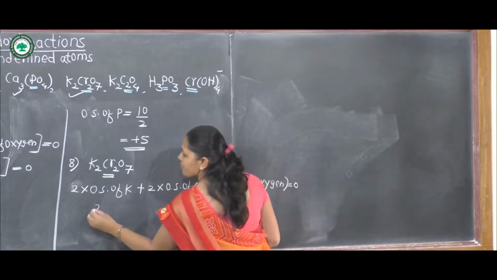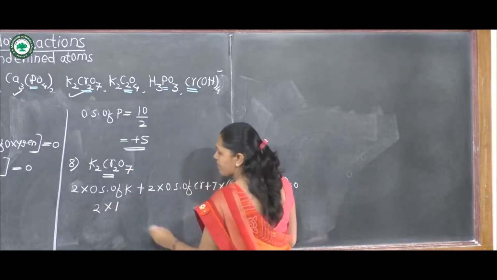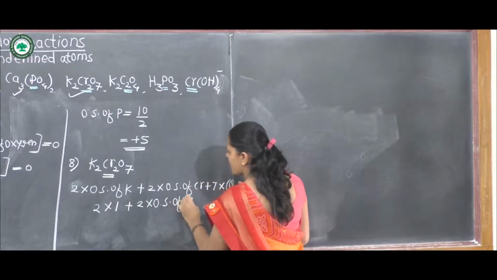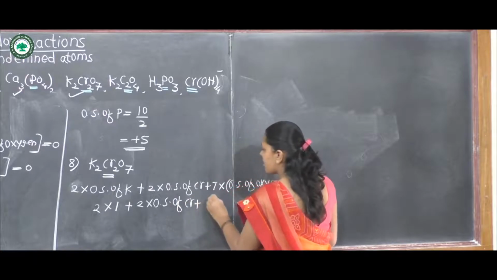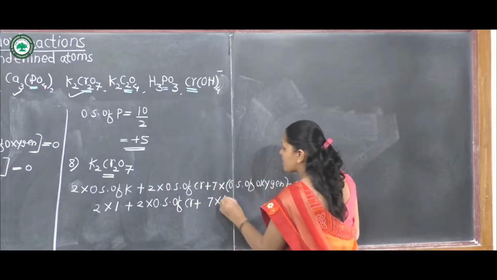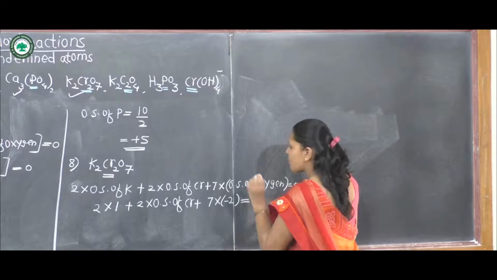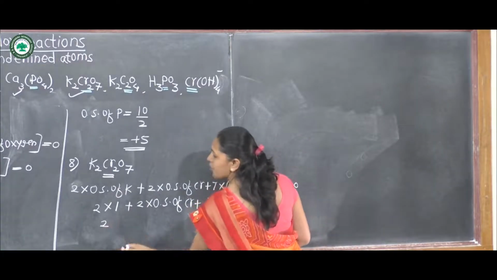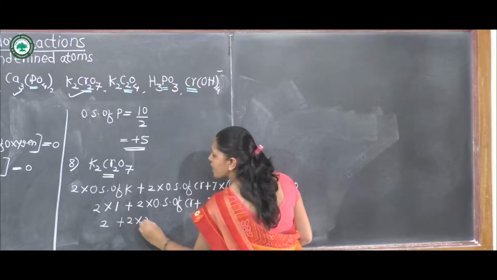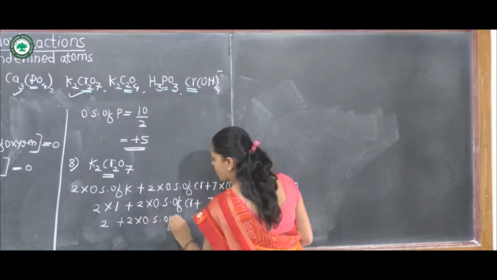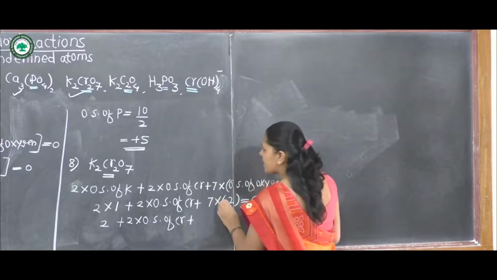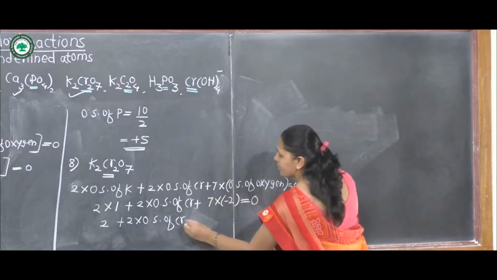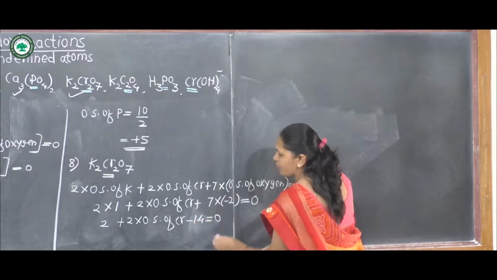The oxidation state of potassium is +1, so 2 multiplied by 1, plus 2 into the oxidation state of chromium, plus 7 into the oxidation state of oxygen, which is -2, is equal to 0. 2 multiplied by 1 is 2, plus 2 into the oxidation state of chromium, plus 7 multiplied by -2, that is -14, is equal to 0.